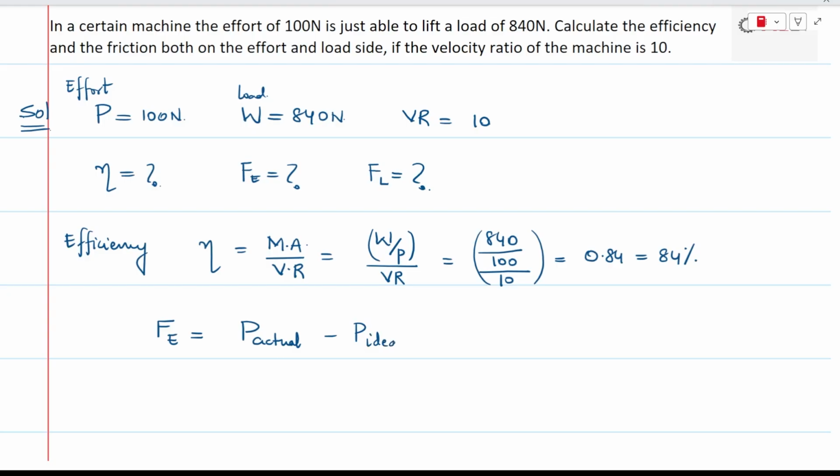P ideal is represented as load divided by mechanical advantage or velocity ratio.